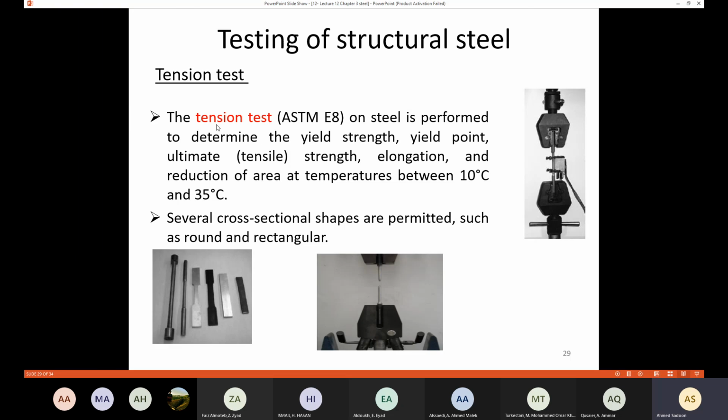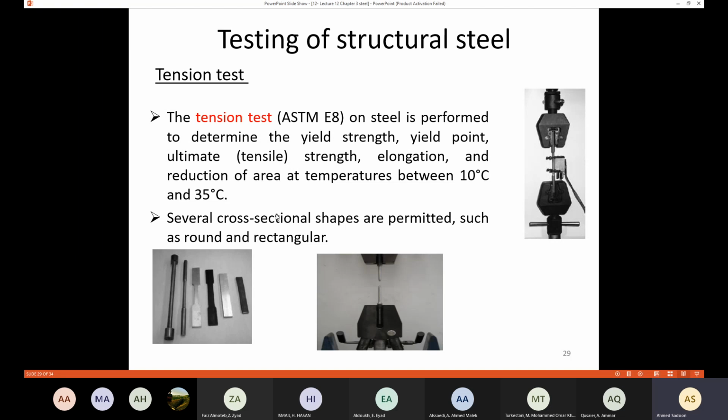The tension test on steel is performed to determine the yield strength, the yield point, the ultimate tensile strength, the elongation, and the reduction of area at temperatures between 10 degrees Celsius and 35 degrees Celsius. So the test should be done between those temperatures.